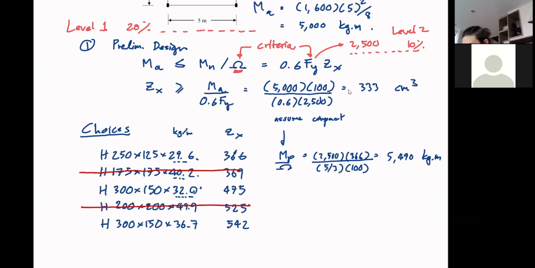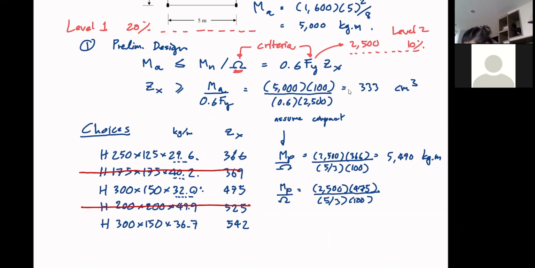Okay, for this section, we increase the weight only like 2 kilograms per meter. So look what we're gonna have now. So now we have 2,500 multiplied by 475. Divide by factor of safety and then 100 to change the unit.